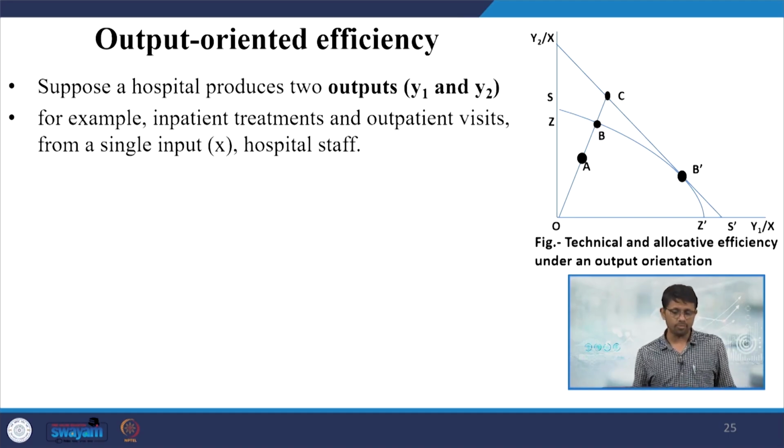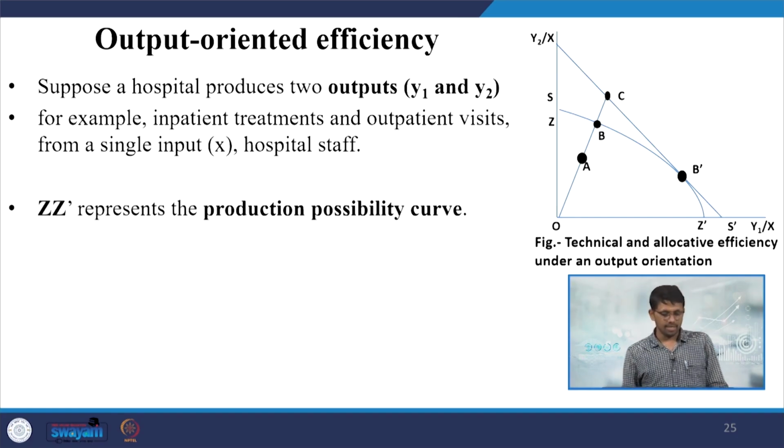In this case, the example we have taken is inpatient treatments and outpatient visits. There are two outputs for a single input, that is hospital staff. Given the hospital staff, how best can we allocate inpatient treatment and outpatient visits, so that our model is considered to be efficient.